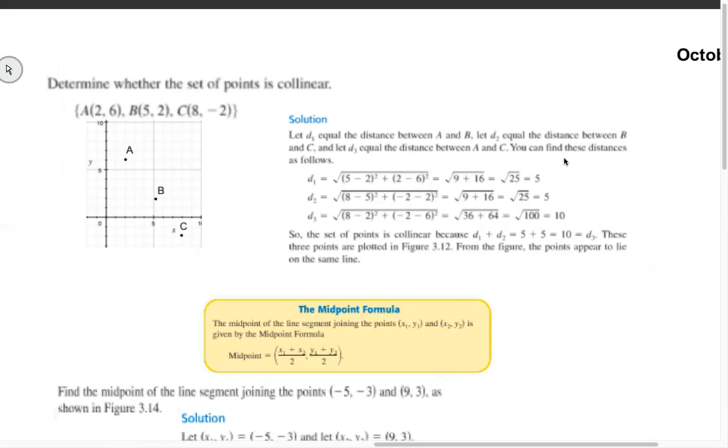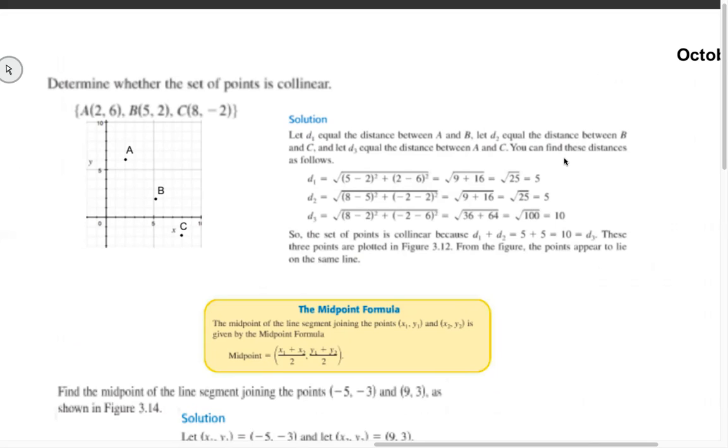So if these points are on the same line, then if I find the equation of the line that contains two of those points, then if I compare it to the line that contains the other 2 points, then I'm good to go. So I went about it last period by writing the equation of the line between A and B and C and comparing them.